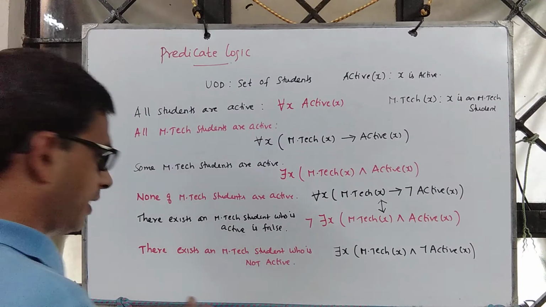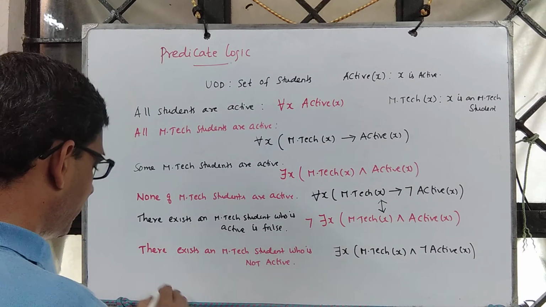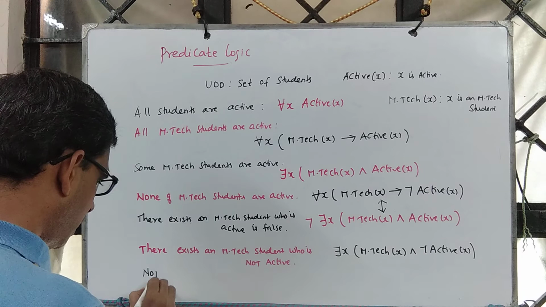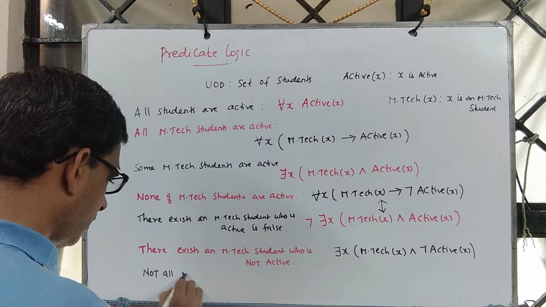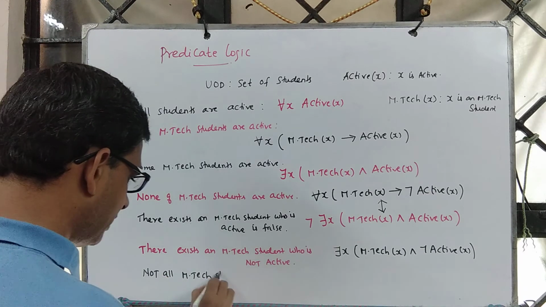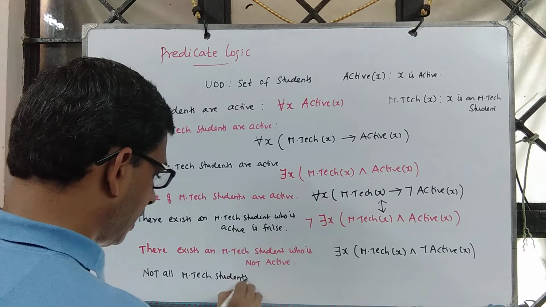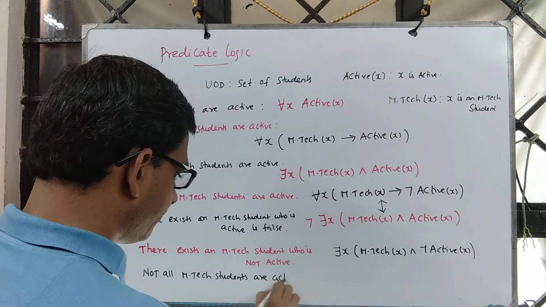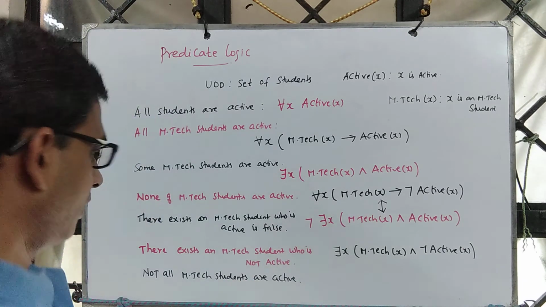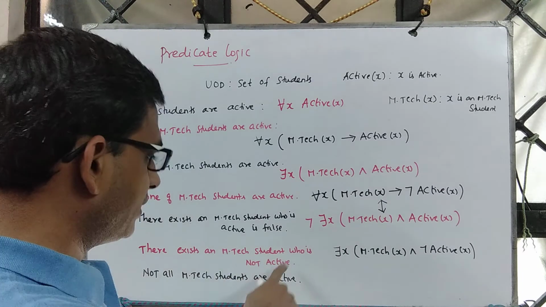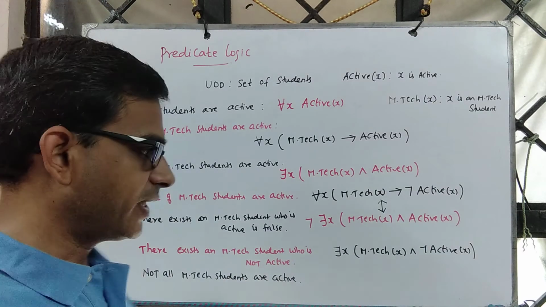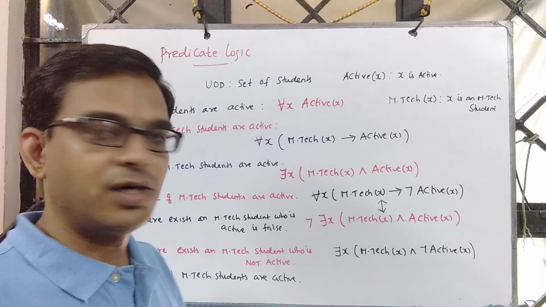So how do we rewrite this statement? Not all MTech students are active. There exists a student who is not active, which means, look at a class of say 7 students, not all of them are active.